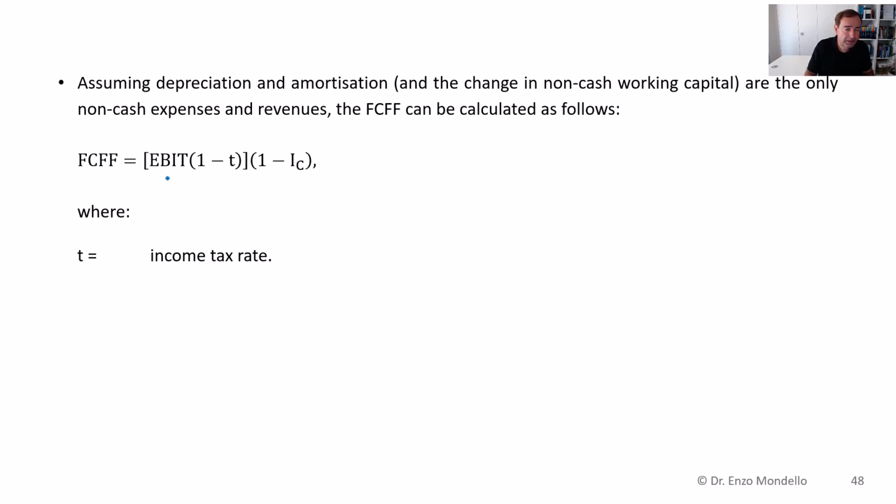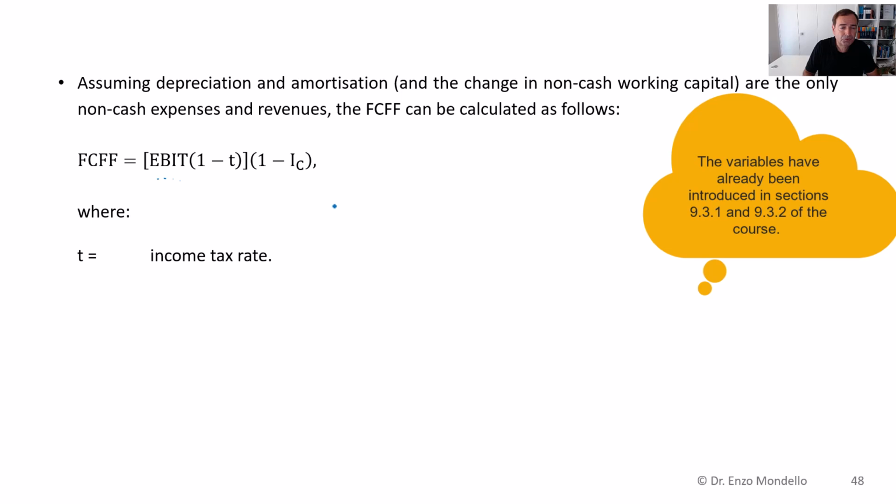We take the operating income, that's the earnings before interest and taxes, multiplied by 1 minus the income tax rate, multiplied by the difference of 1 minus the reinvestment rate of total capital. To demonstrate that we can use this equation, let's write the reinvestment rate of total capital.